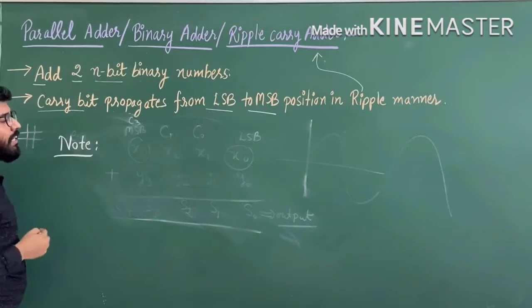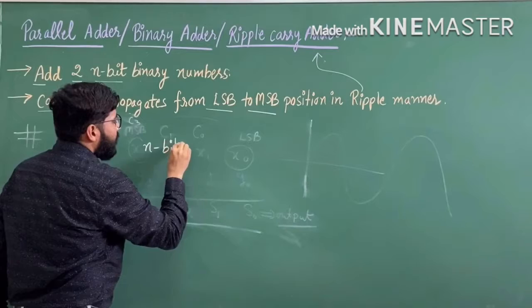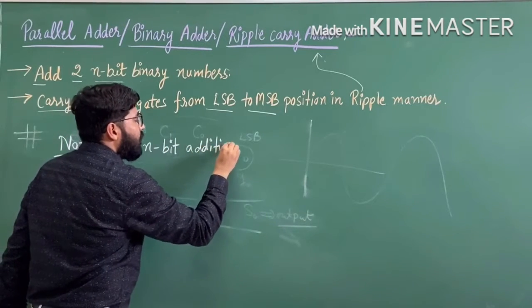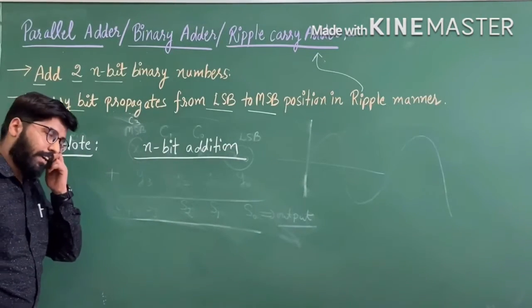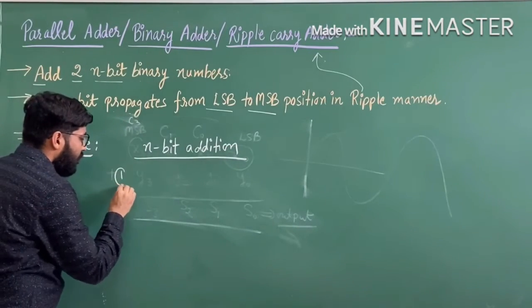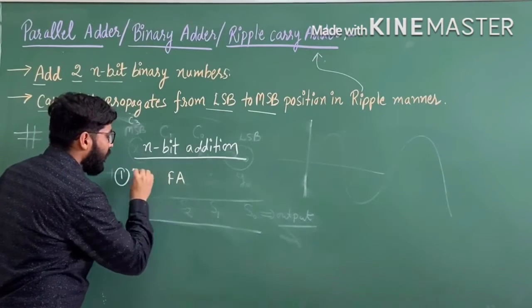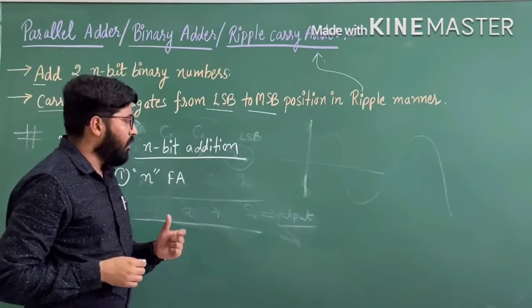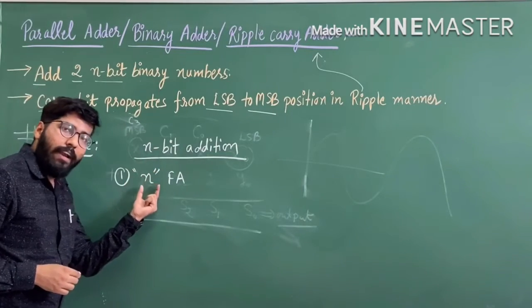I am taking the general condition. Suppose there is an n-bit addition. In n-bit addition, we want to calculate the number of full adders and half adders. The first formula is n full adders. If we want to calculate how many full adders are used, then if there is an n-bit number, there are n full adders.